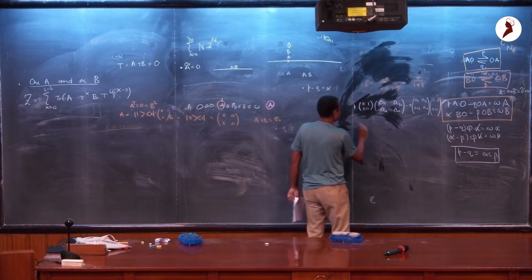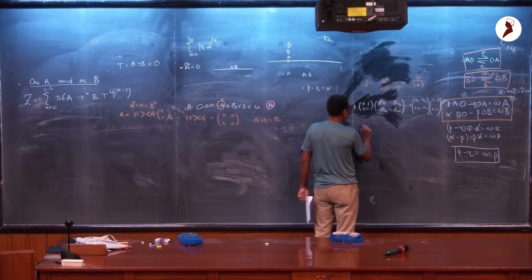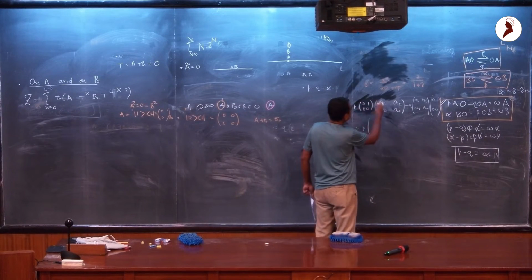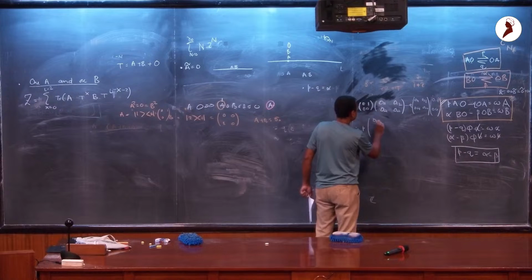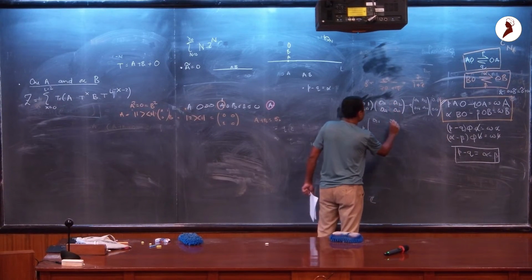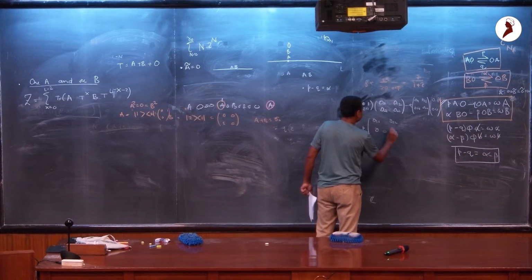Multiply for me. So this is P times, what are the elements? This one with this one is O21, this one with O22, and this one will give you 0, 0.